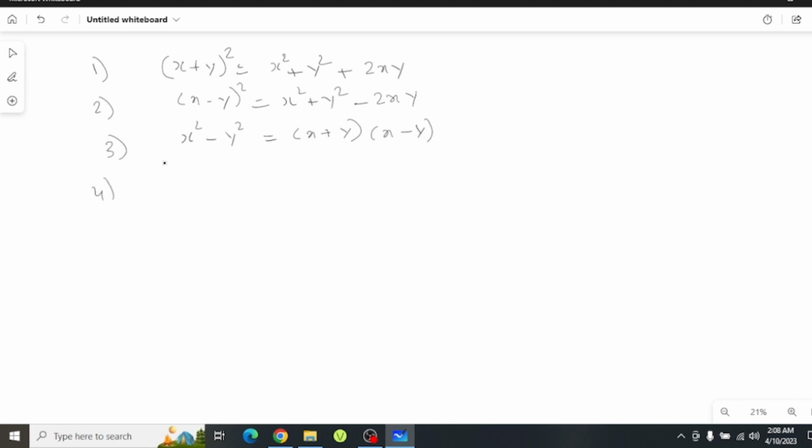Fourth one is (x + a)(x + b) = x² + (a + b)x + ab.